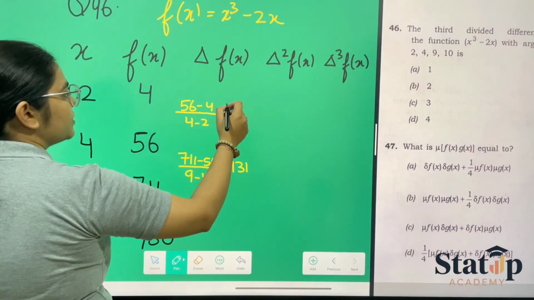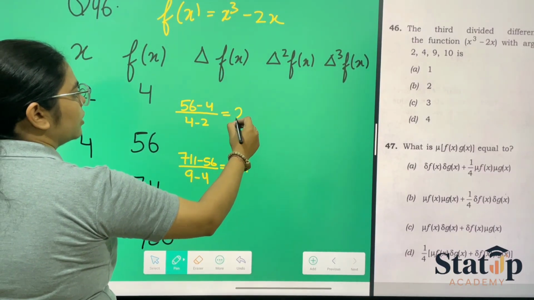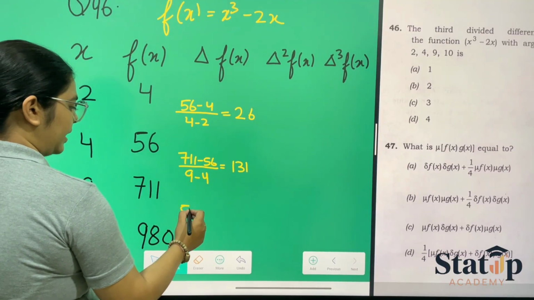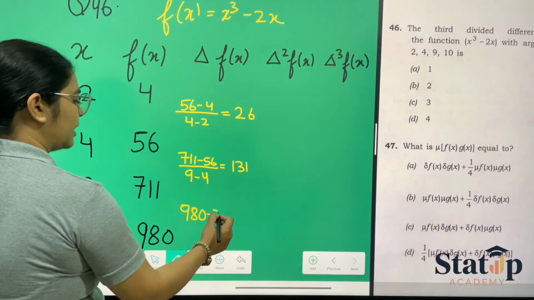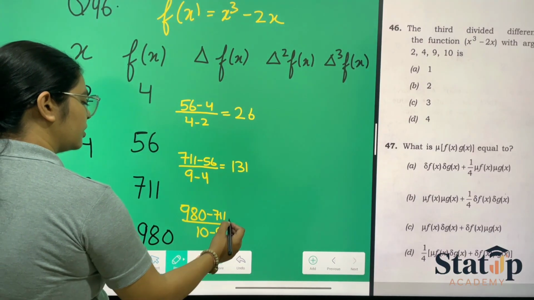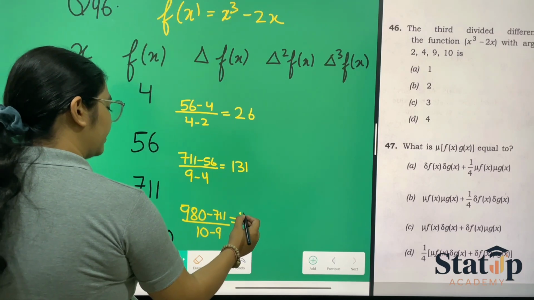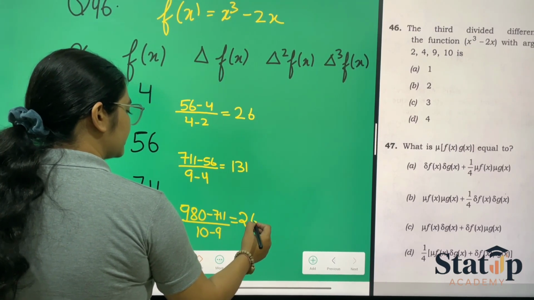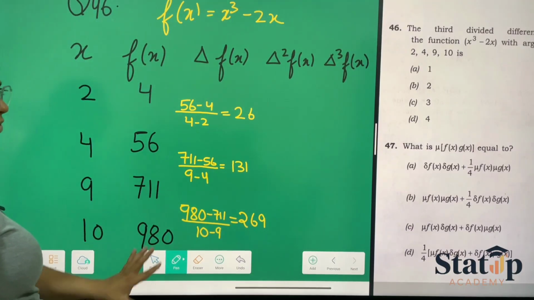Here it will give us 52 upon 2, which will be 26, and here 980 minus 711 upon 10 minus 9. So it will be 269. This is the first difference.